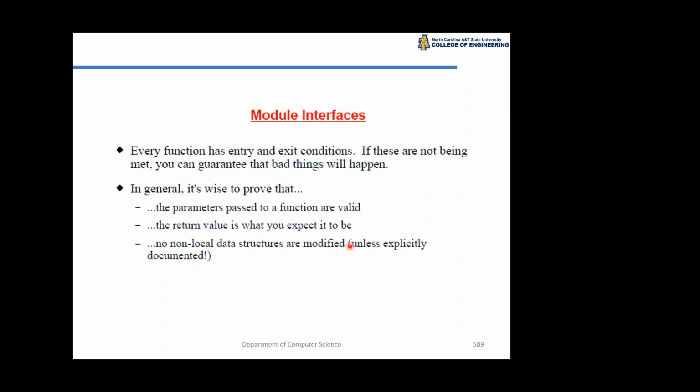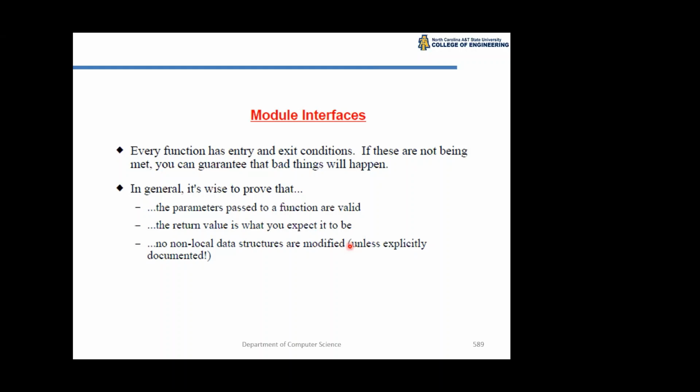What you need to do is see whether the parameters you pass to the functions are valid or not. Try to see the return value and whether it is the expected return value or not, and make sure no local data structures are modified, unless your documentation says you can expect this kind of modification.